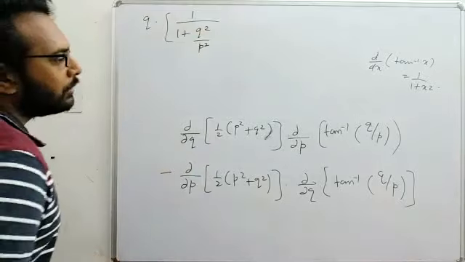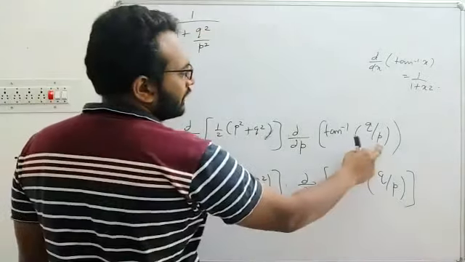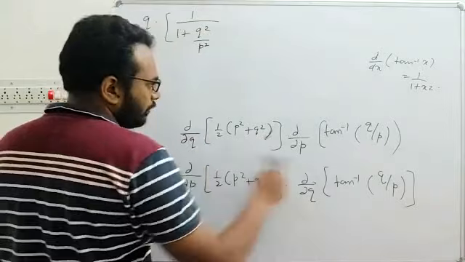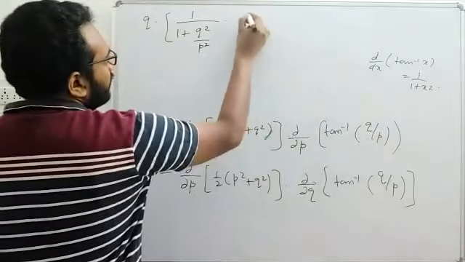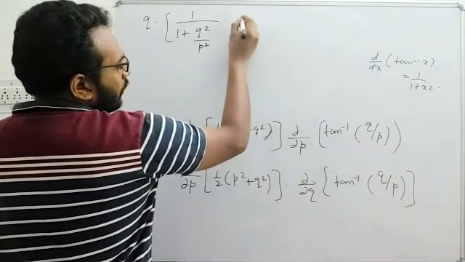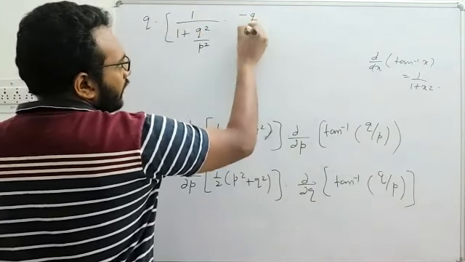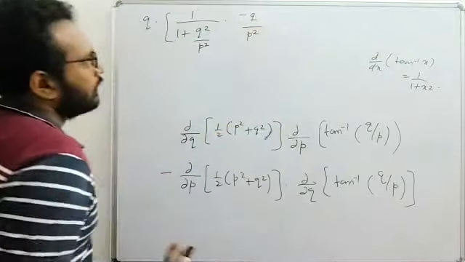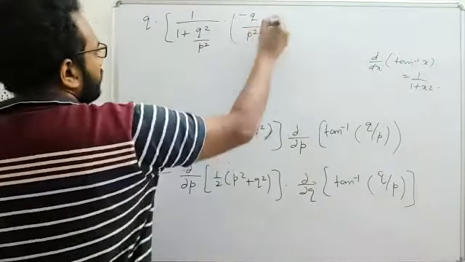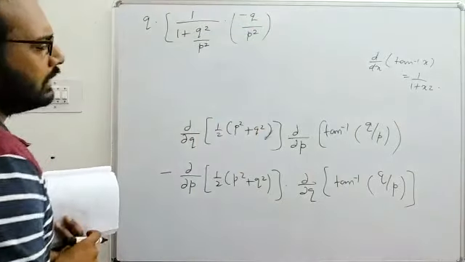Okay, that's not all. You also need to take the derivative of this thing. Okay, we are taking the derivative with respect to p. So there's also this q by p term here. That becomes minus q by p square. Okay, am I right? Is that correct?